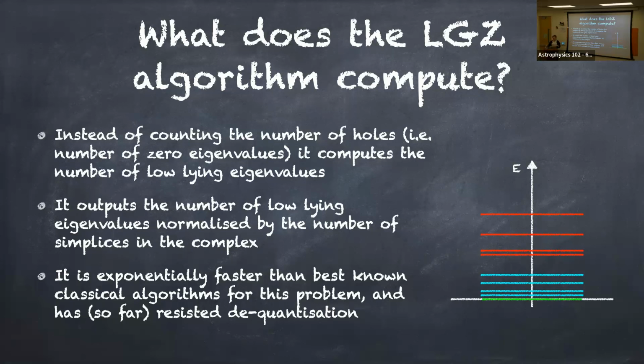Now, the fact that we're looking at low-lying eigenvalues rather than the zero eigenvalues is not necessarily a huge issue. It's postulated, although not really known, that low-lying eigenvalues do give some topological information.